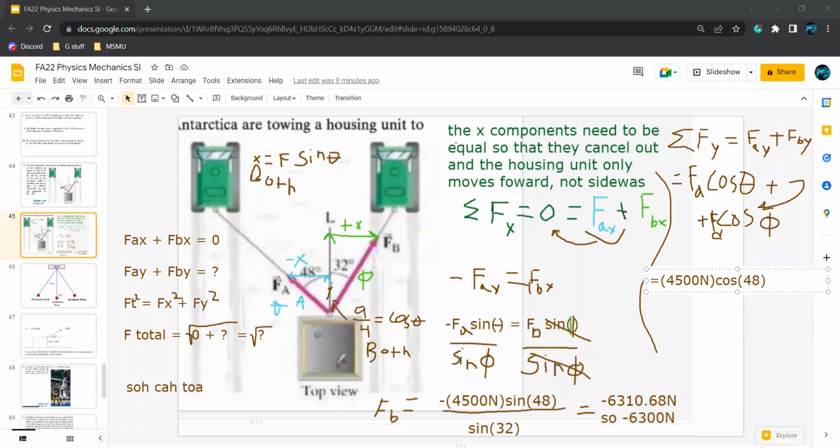And it's degrees, so make sure your calculator's in degrees, not radians. And then you have force B, which, yeah, six. We'll keep it rounded just for the sake of having it like that.